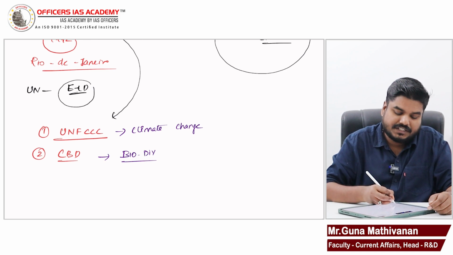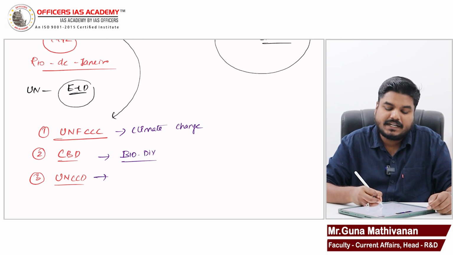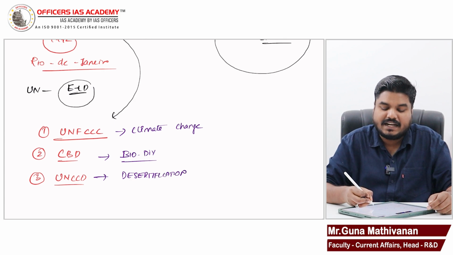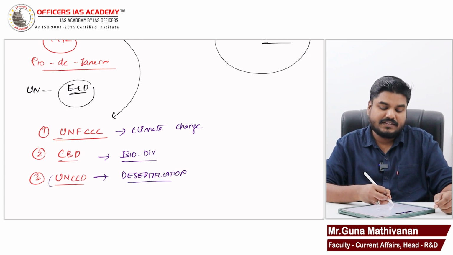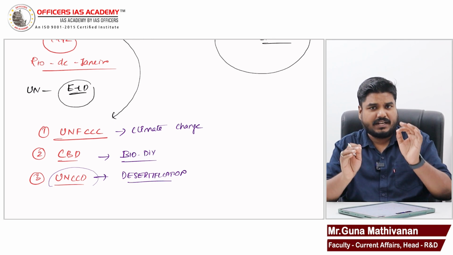The third convention was related to UNCCD. This is to combat desertification. Desertification of land. Land is getting degraded. So UNCCD is United Nations Convention to Combat Desertification.